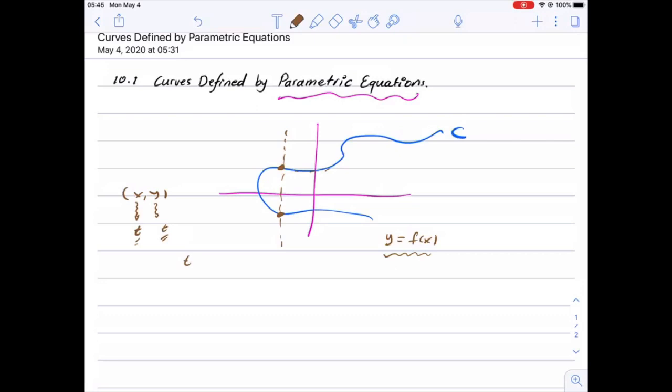If t represents time, which is the usual case, for example, when t equals 0, then we can find x at time 0 by just plugging in 0.